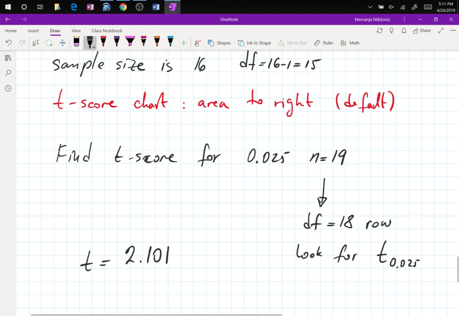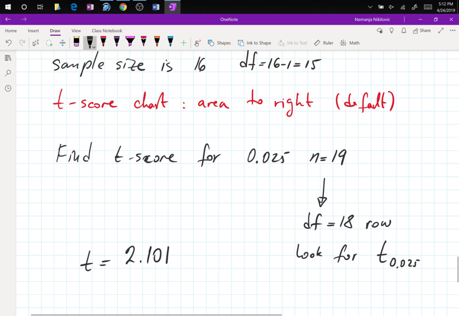We had to go to row 18 because our df is n minus 1, so 19 minus 1 is 18. And when you go across, here is where the t 0.025 is. So this chart is different than the z-score chart. You have to get used to these degrees of freedom. Now, are you going to have degree of freedom for 43?